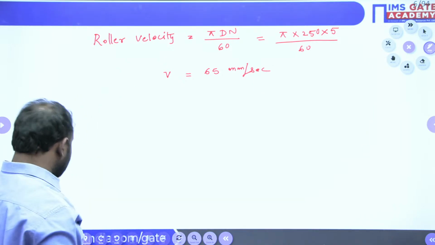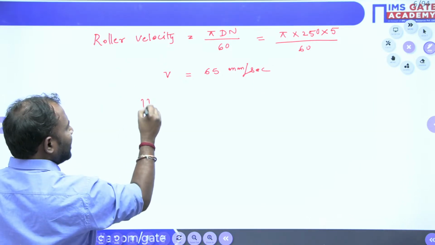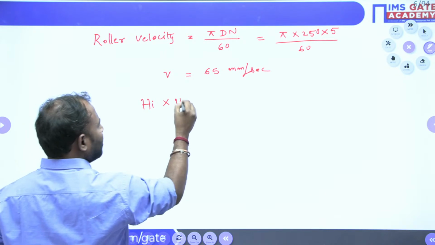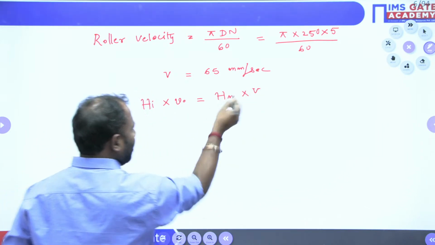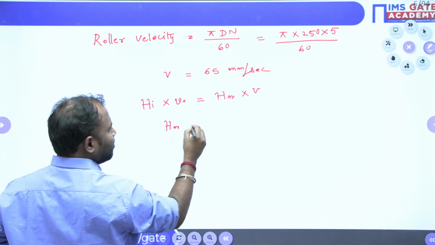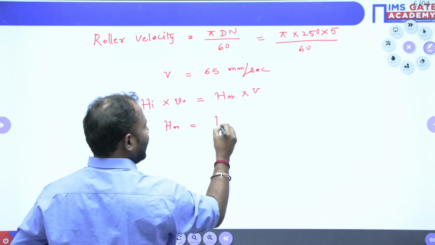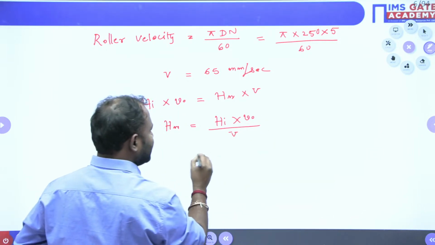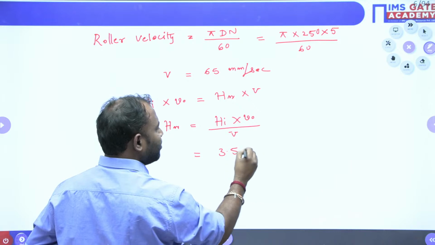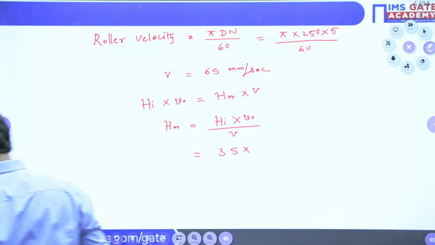Now, go back to our relation. What is our relation? H initial into V naught is equal to Hn into V. Okay. Now, I require Hn, right? Hn is equal to H initial into V naught divided by V. Okay, what is H initial? H initial is 3.5 and V naught is how much, guys?